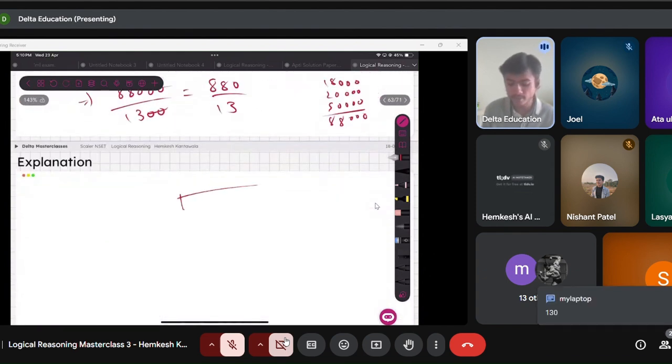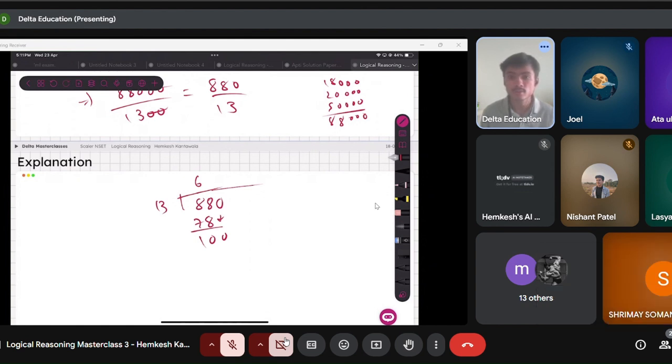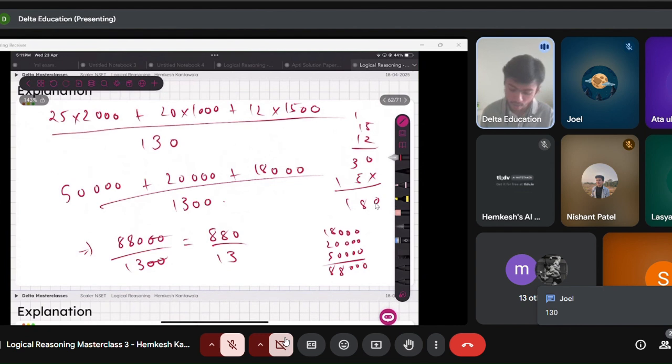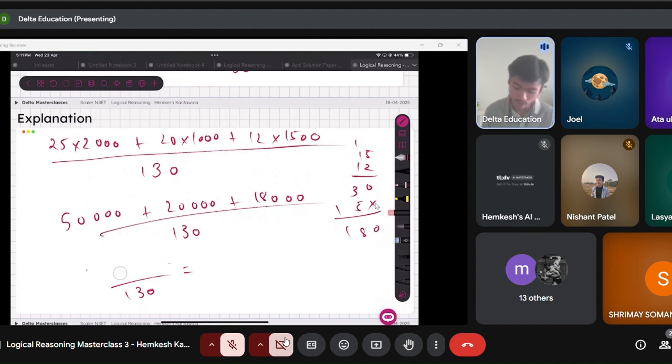And if we divide this, 13 5s are 65, 13 6s are 78.